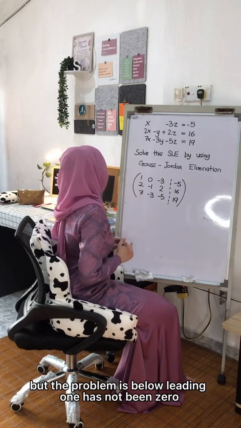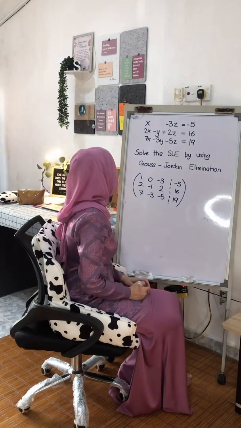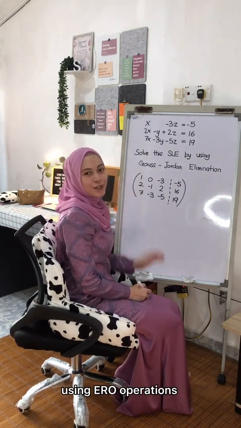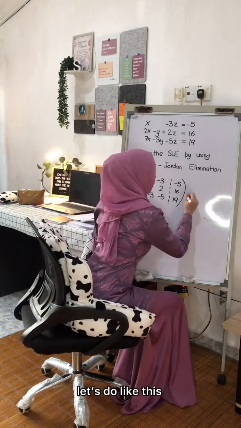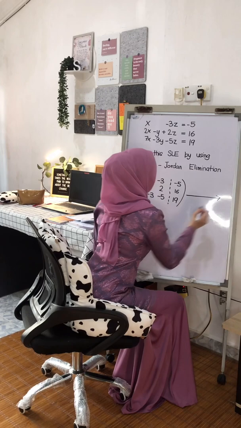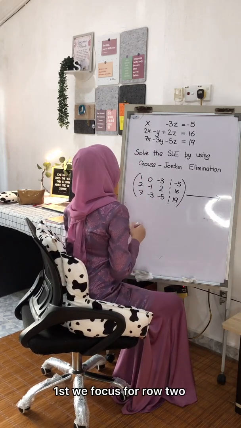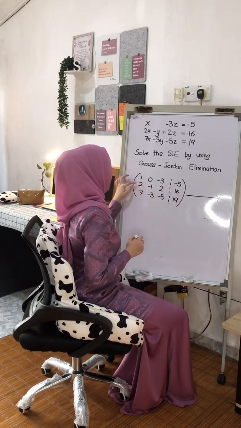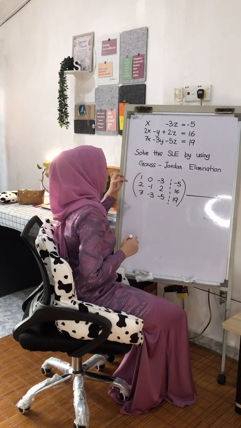But the problem is, below the leading one has not been 0. So, we need to convert these numbers to 0 using ERO operations. First, we focus on row 2 to change this number to 0.